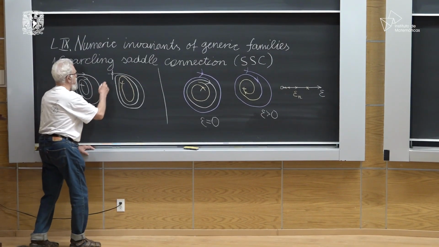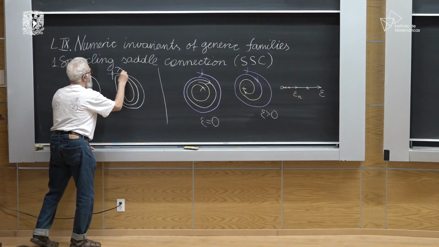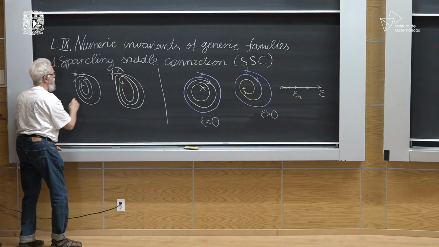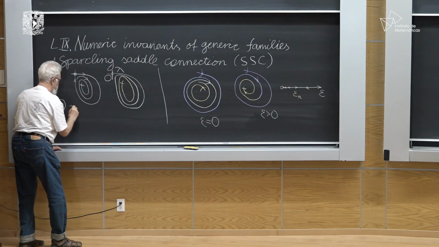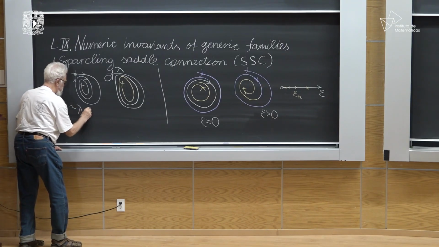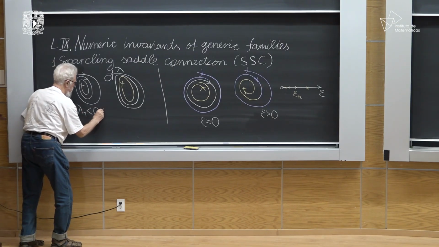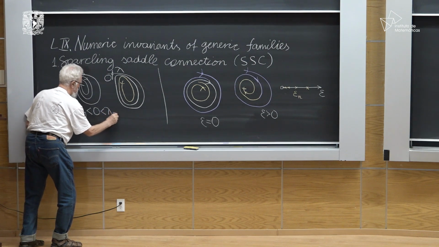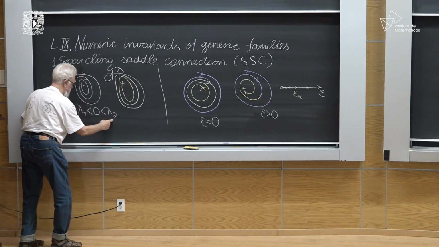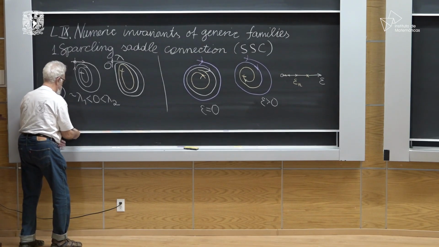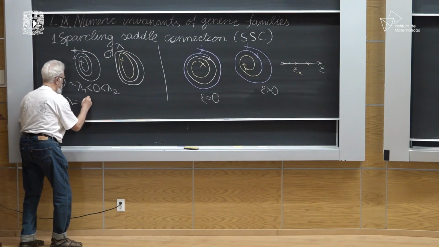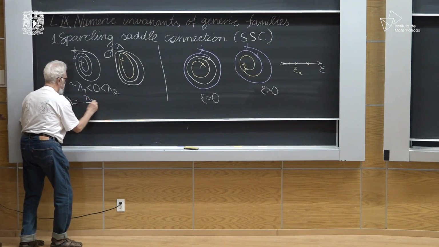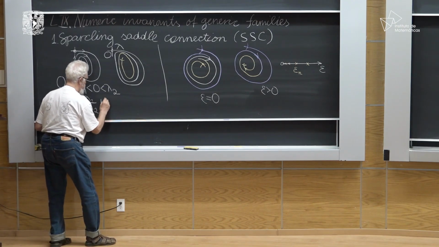Suppose that the characteristic number of the saddle O corresponds, as before, to two eigenvalues of the linearization, one negative, another positive. Their ratio, better to say the magnitude of their ratio, with the negative eigenvalue in the numerator, is called the characteristic number.